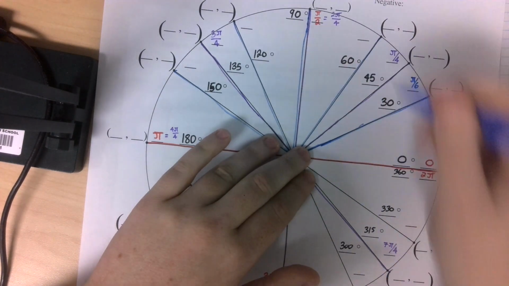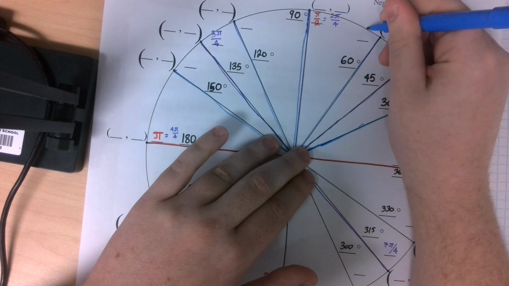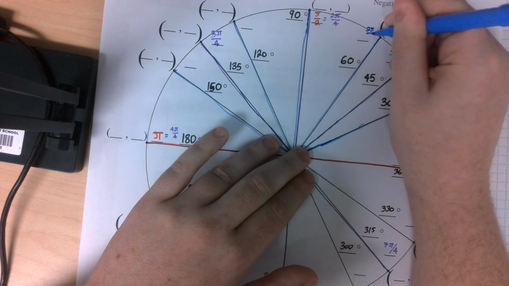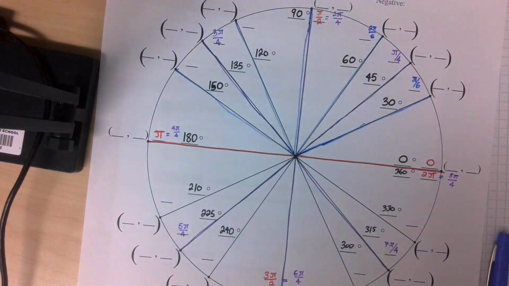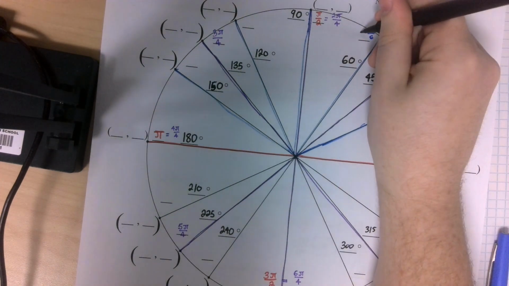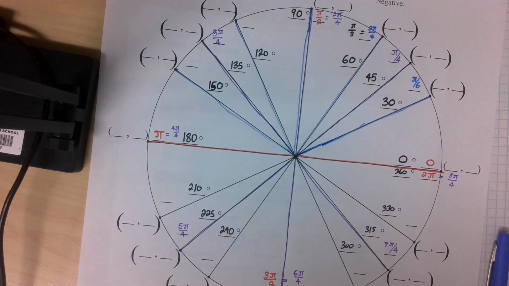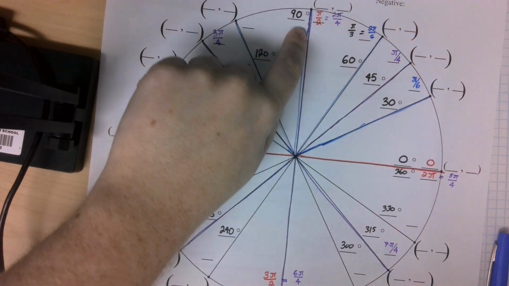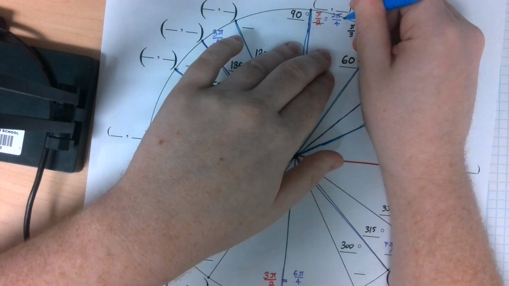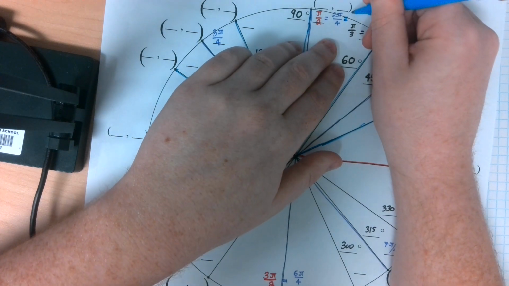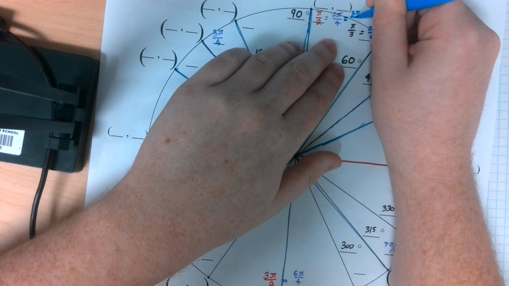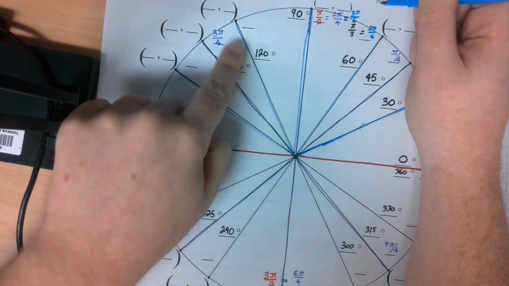This 60 degree angle here is 2 pi over 6, but that can be simplified. 2 pi over 6 simplifies to pi over 3. So this is pi over 3 radians. 3 pi over 6, but that's just 2 pi over 4 or pi over 2. So we already handled this one. That's 3/6.